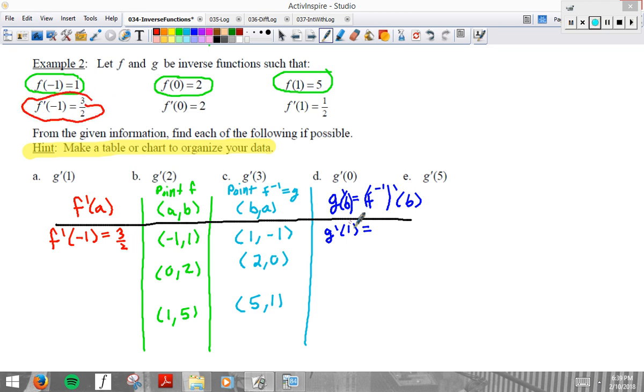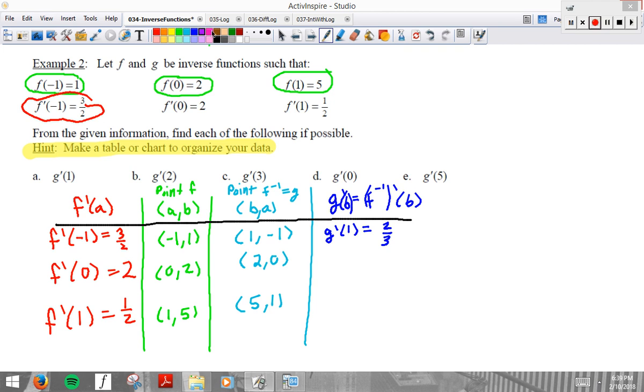So that means g prime of 1 is the reciprocal, not the opposite reciprocal: 2/3. And that's how it goes. f prime of 0, they told us, was 2. f prime of 1 they told us was 1/2.